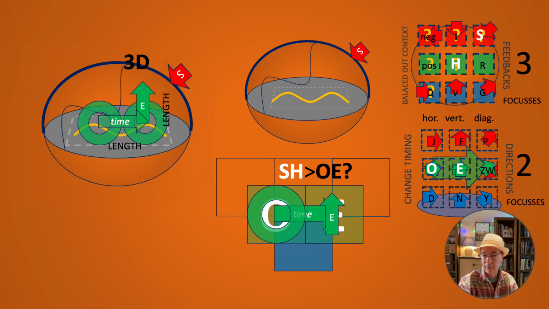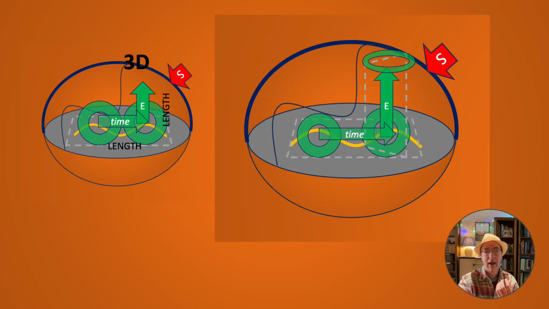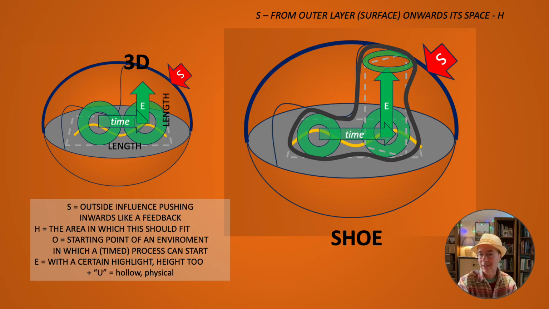So if it is upon the length of H, this space in which the whole process will be possible, I will have already the foundations which fit to the shoe, because when I start to design from the surface, and I add also a surface, then I will get the shoe.